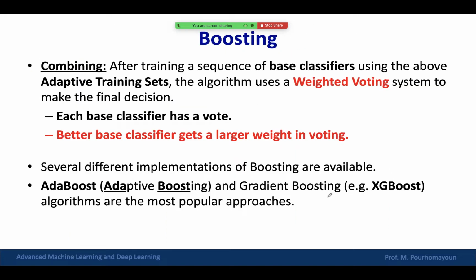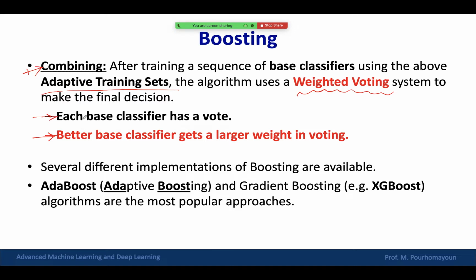So in the combining step, after training a sequence of base learners using the above adaptive training set, the algorithm uses a weighted voting system to make the final decision. In other words, each base learner has a vote, but a better base learner gets a larger weight in voting.